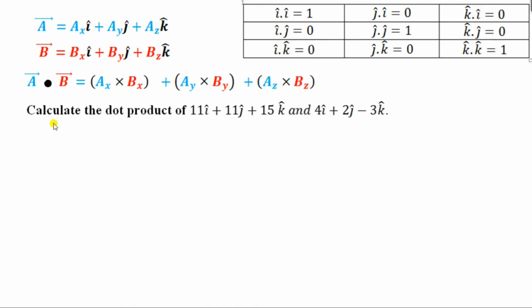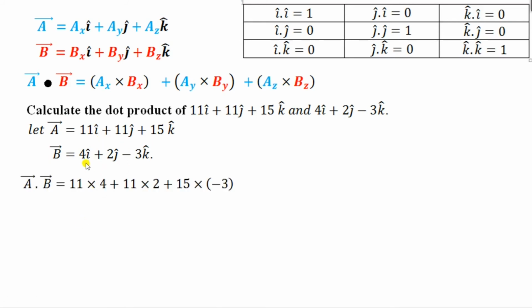So now let's calculate the dot product of these two vectors. I'll consider this vector to be a and this vector to be b. Now I'll find the dot product. So in the dot product we have to multiply only like terms. So 11 into 4 plus 11 into 2 plus 15 into minus 3.